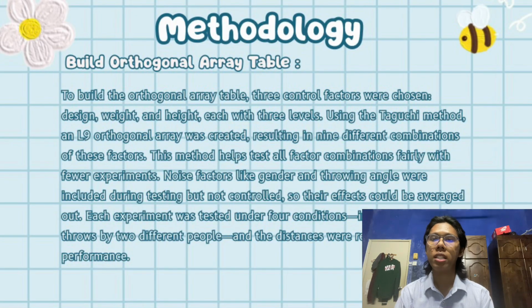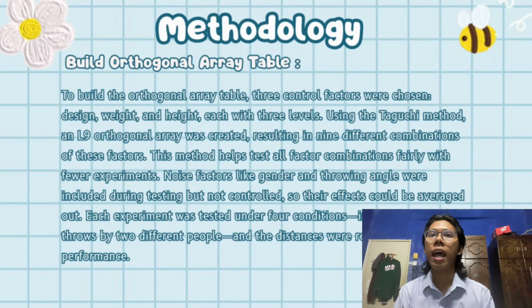Next, methodology. Building an orthogonal array table. To build the orthogonal array table, 3 control factors were chosen: design, weight, and height, each with 3 levels. Using the Taguchi method, an L9 orthogonal array was created, resulting in 9 different combinations of these factors.